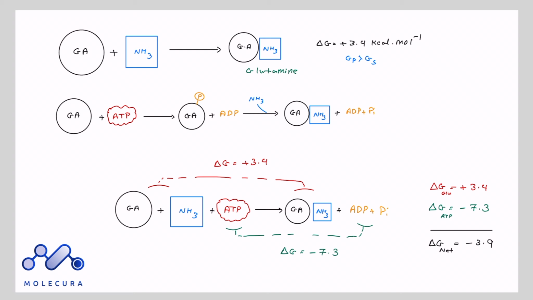This hydrolysis of ATP gives you a negative 7.3 kilocalorie per mole of free energy. And since in the previous slide we said that the delta G's are additive, the net delta G that we have here is going to be minus 3.9, making this reaction thermodynamically favorable.